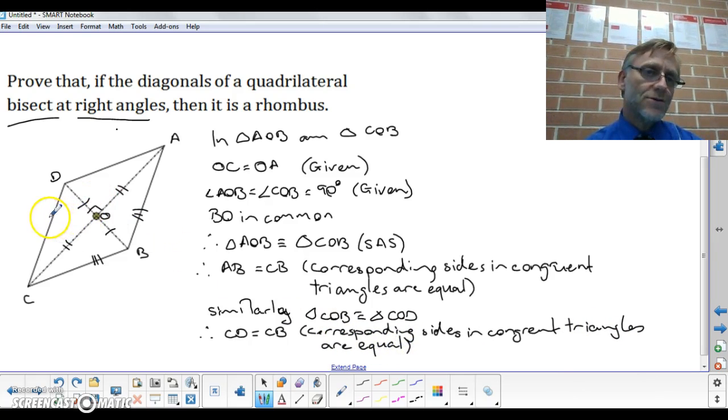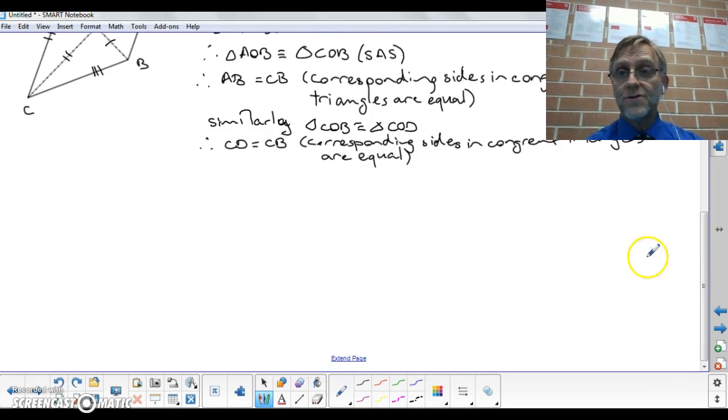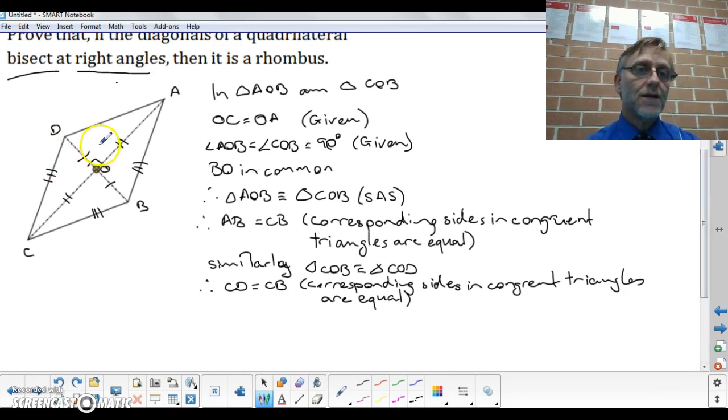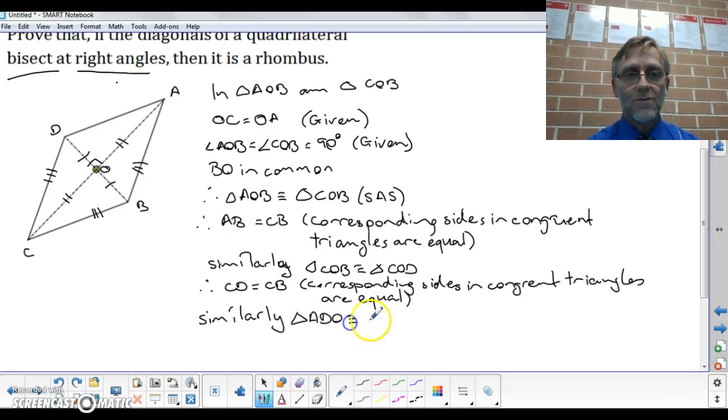So I can do that, and I'm just going to do that one more time. I'm going to use that similarly trick to prove that these two triangles are equal, ADO and CBO. I'm just going to say similarly, using a side angle side proof is what I mean. Triangle ADO is congruent with triangle CBO.